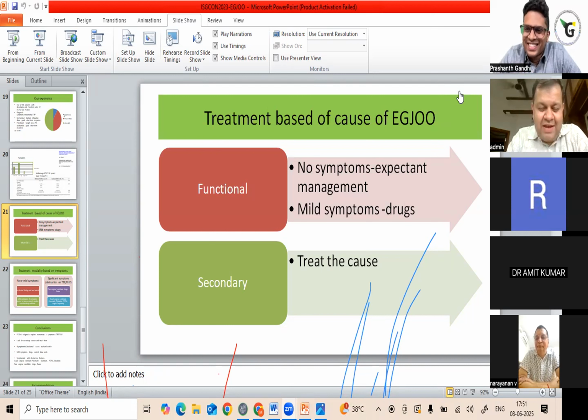Yeah, and I would like to say that this is a very nascent experience that we have. We would like many people to come up and share their cases so that we have some data from India to really know how our patients are behaving. Now, this is a very rare motility disorder. Maybe all of us have seen 1 or 2 cases, 3 cases in our clinical practice, and we really do not know how to manage these patients.